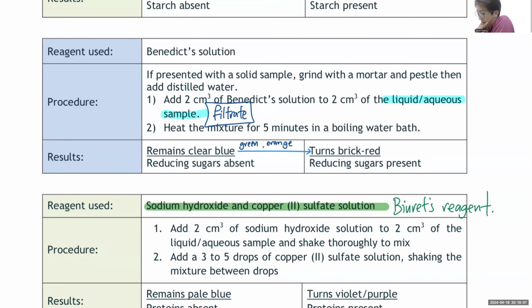So maybe you can sample it in over here. Add distilled water, then filter.